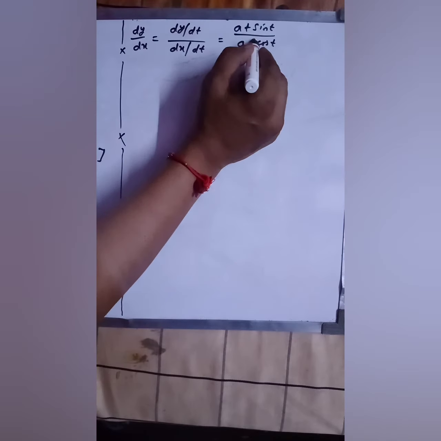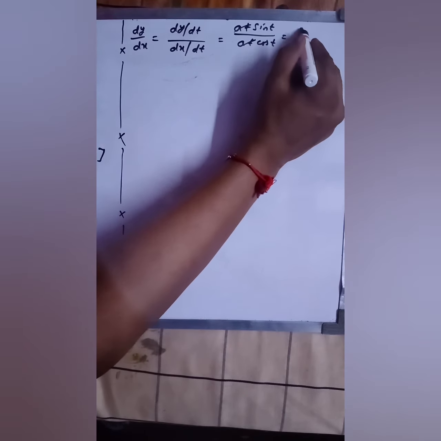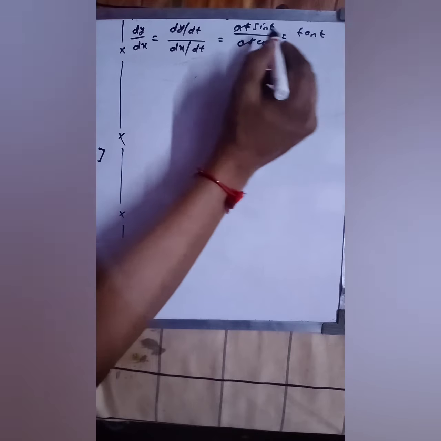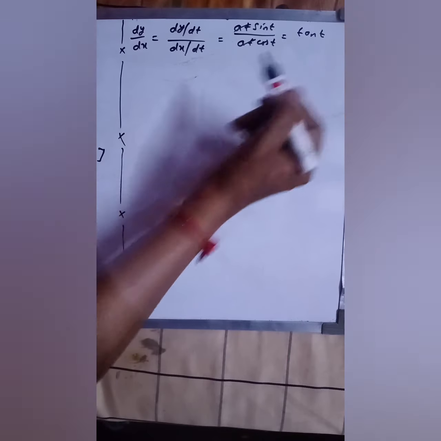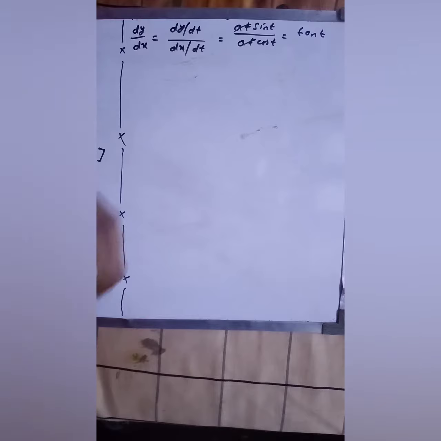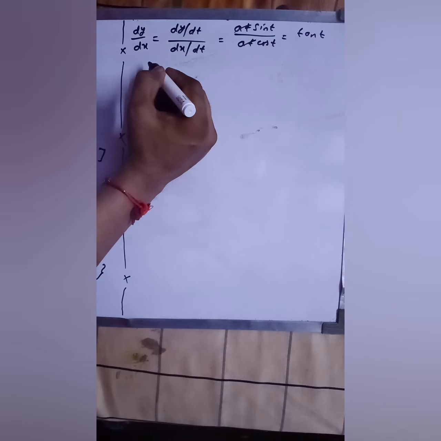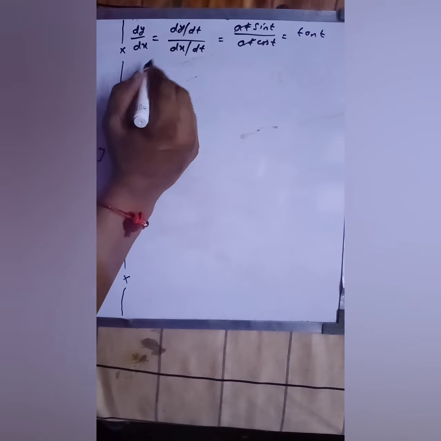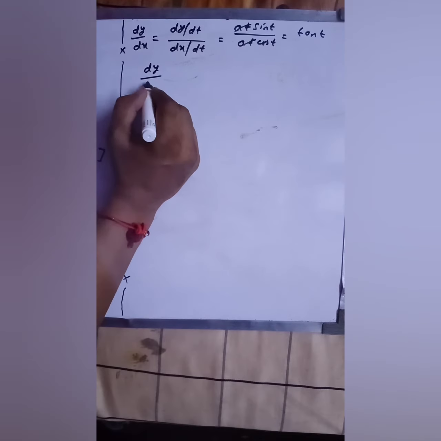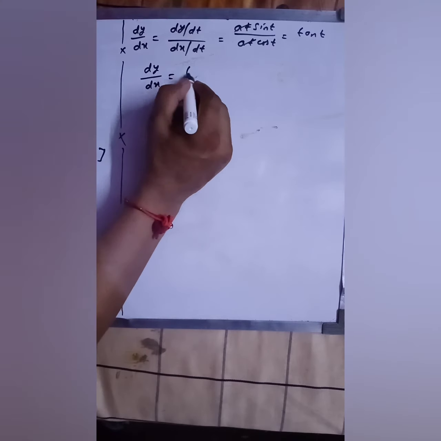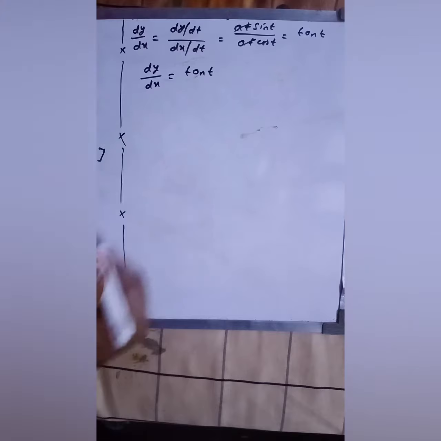Fine. Now here this and this will cancel out and you will get sin t upon cos t, that would be tan t. Fine. Now here you have dy by dx equals tan t.